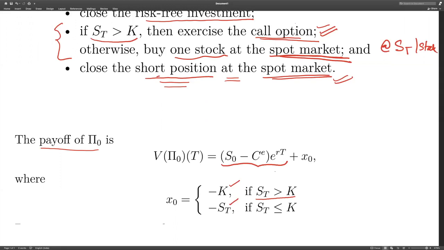Therefore, the sum of these terms is the payoff for your portfolio at capital T.